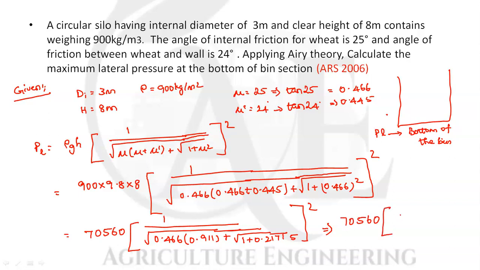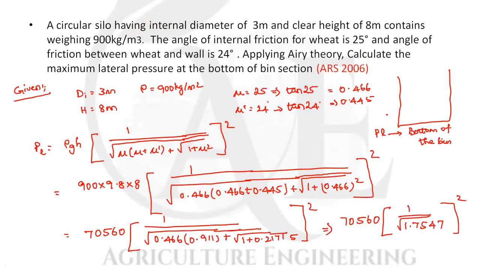70560 bracket of 1 divided by root of 1.7547, the whole square. When you solve this, you can get 0.56994 the whole square into 70560.